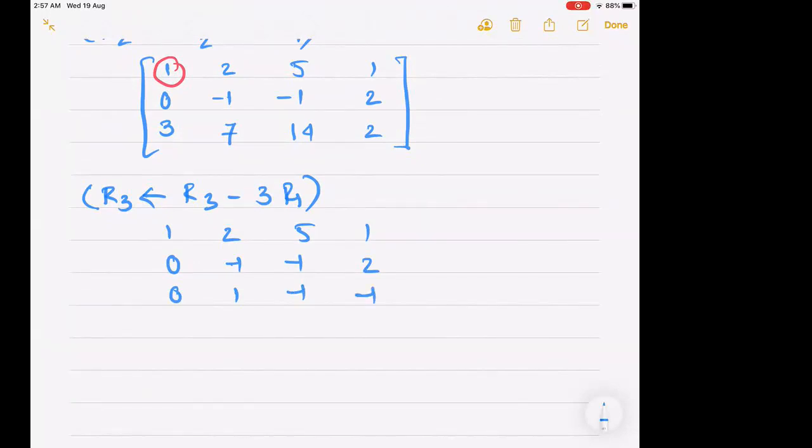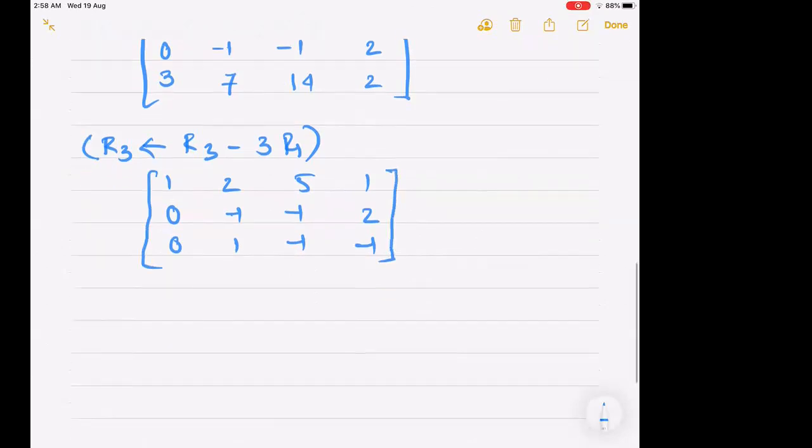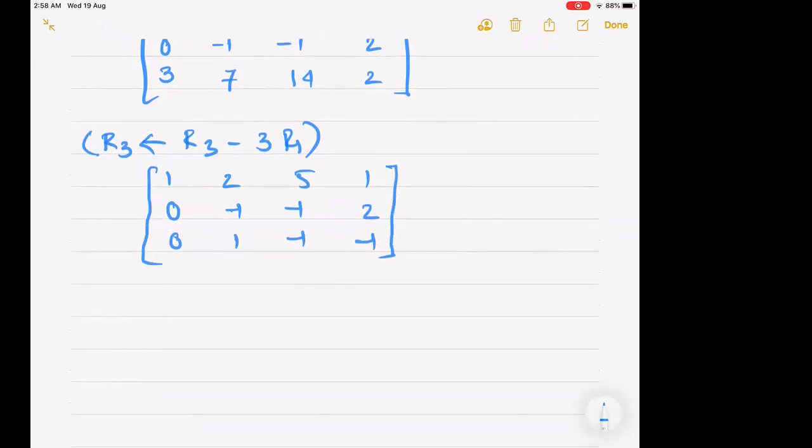I hope I haven't made a mistake. Very good. And now this is the form.